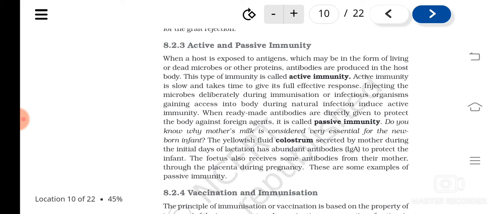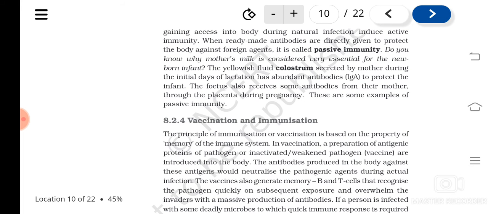So this is the reason it is compulsorily said to give colostrum, the milk produced by the mother during the initial days, to the baby, because it has abundant IgA antibodies that can protect against different diseases. Understood? So these are examples of what? Passive immunity.